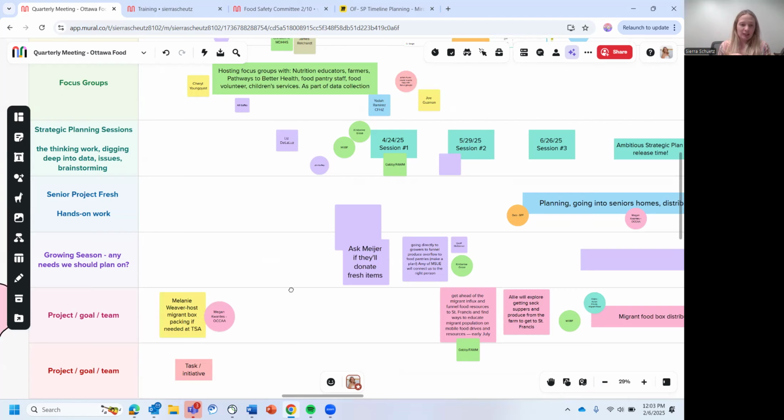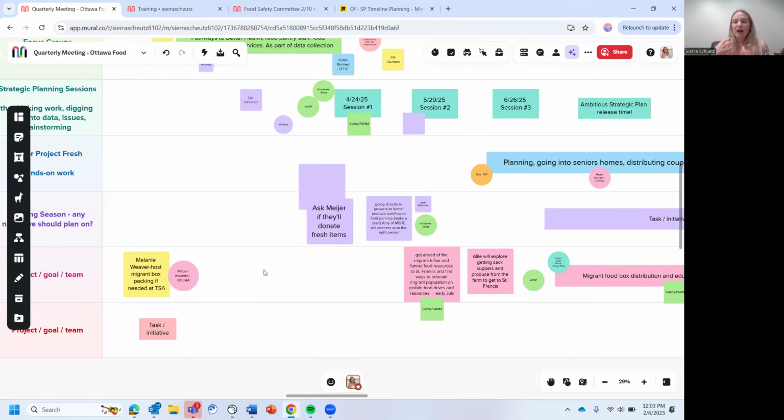During the meeting, we spent some time on how we can strategize to get ahead of this influx. We had some great ideas around asking Meijer to see if they'll donate some fresh food items. Can we speak more directly to growers to funnel some produce to the food pantries that are highly utilized?